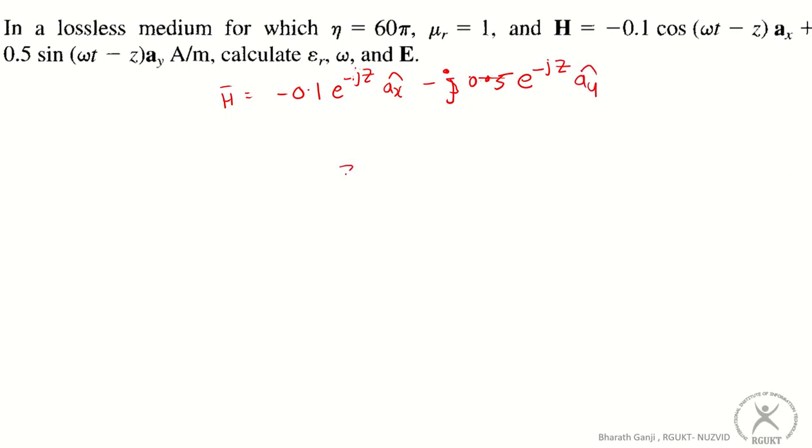Because this is a wave traveling in the z direction, the electric field x component and magnetic field y component are related by eta, whereas the electric field y component and magnetic field x component are related by minus eta, because x cross y gives z, so you get a positive eta, and y cross x gives you a negative z, so you get a negative eta.